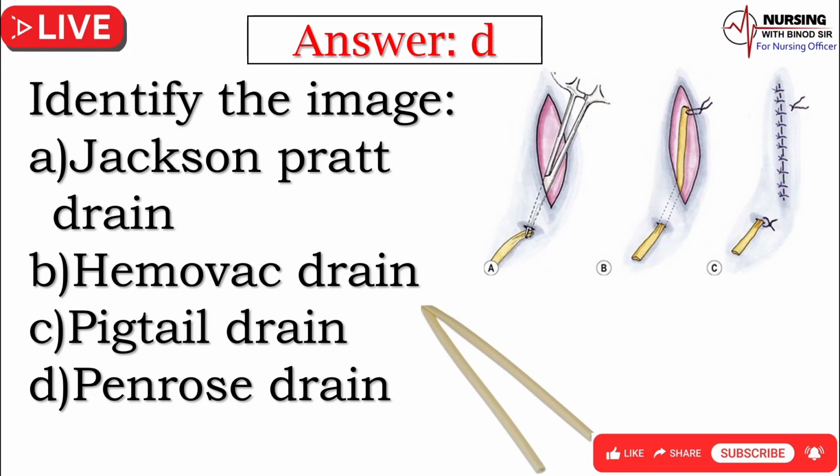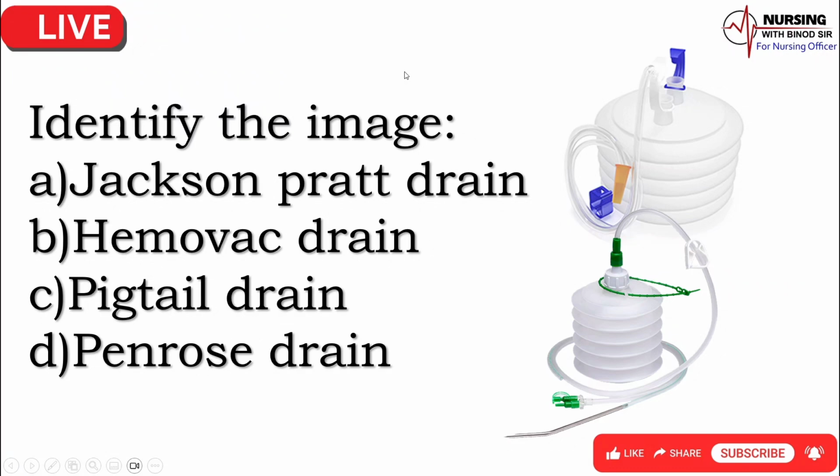By draining blood, it reduces the risk of hematomas, blood pooling, that can slow recovery or cause complications. 3. Infection management. In infected wounds or abscesses, the Penrose drain provides a pathway for pus and infectious fluids to leave the body, minimizing inflammation.